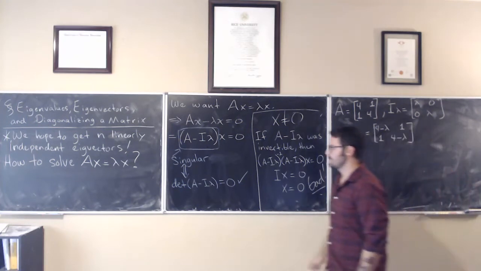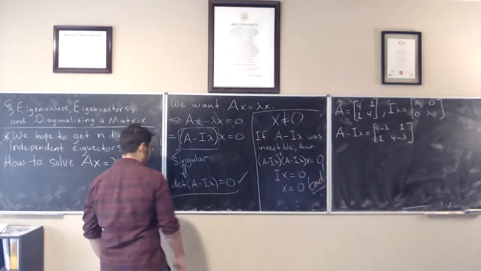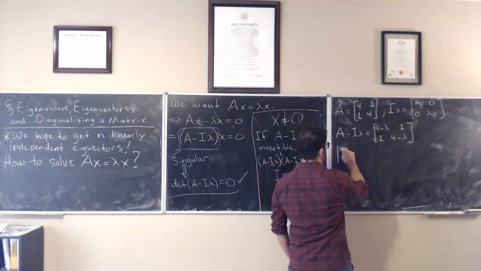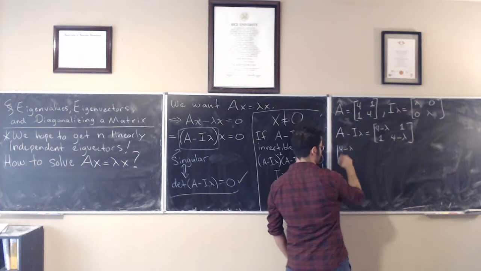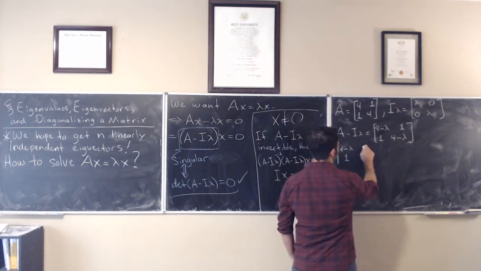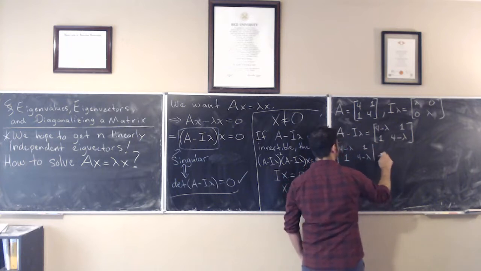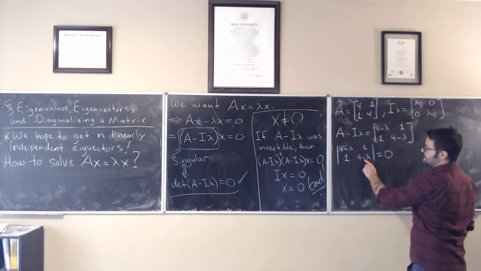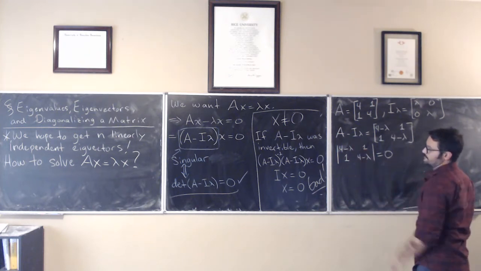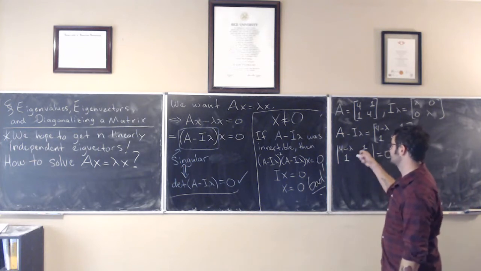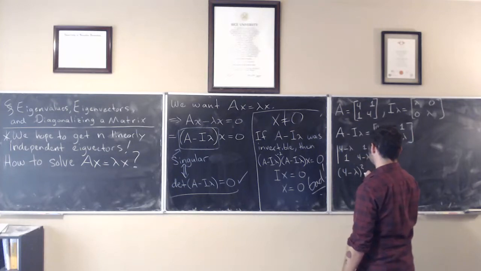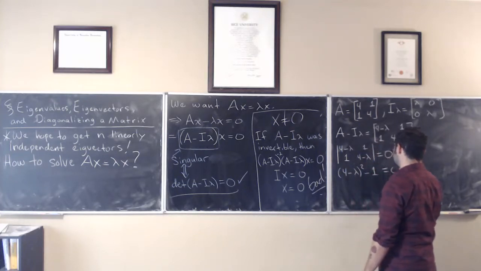Okay. So now let's take the determinant and set it equal to 0. The bars mean determinant. In the 2 by 2 case, this is easy. It's A times D minus B times C. That times that minus that times that, which gives us (4 minus lambda) squared minus 1 is equal to 0.